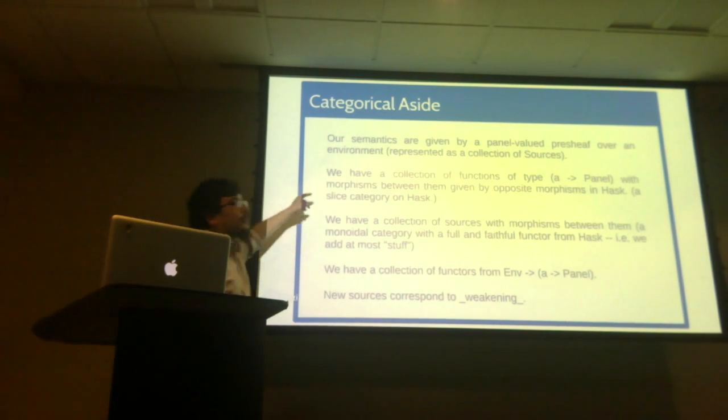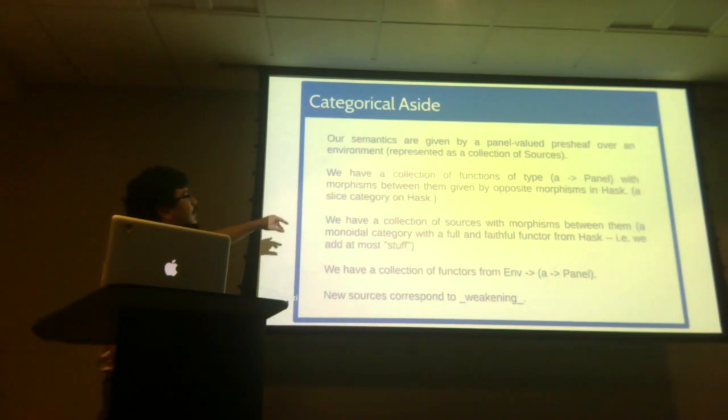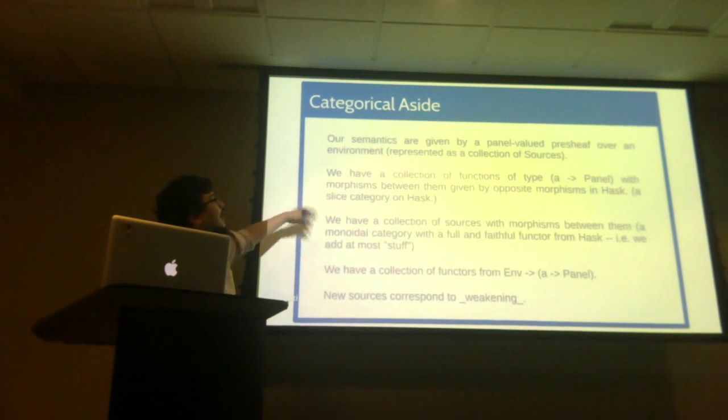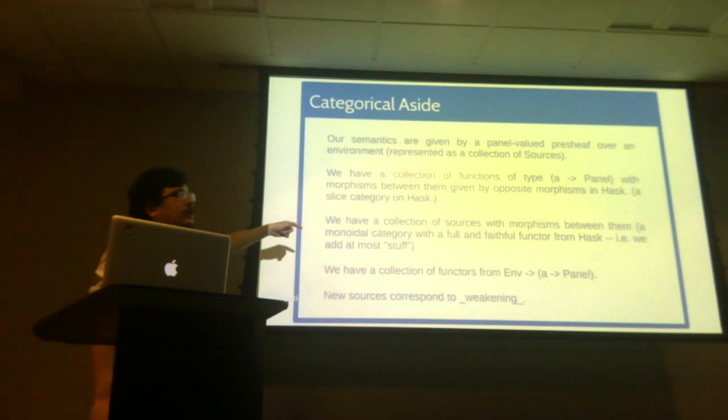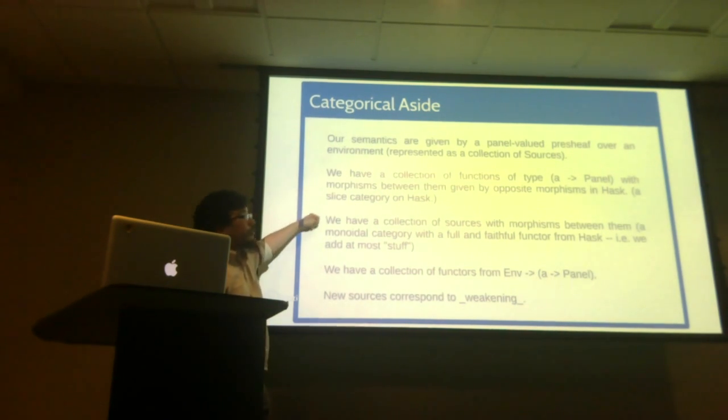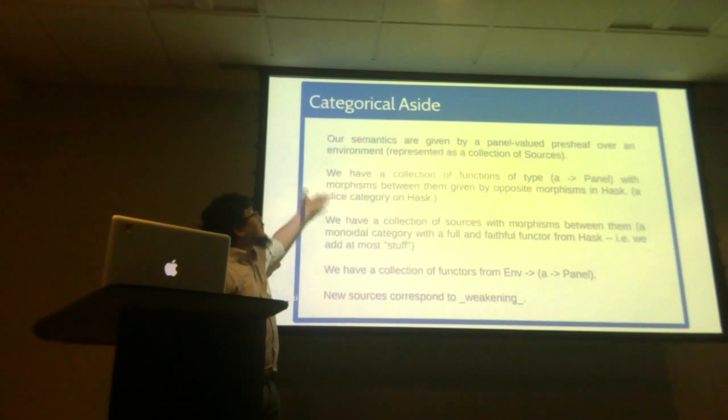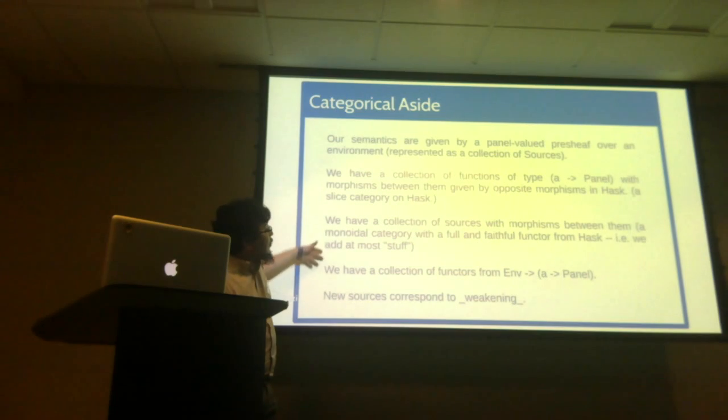This is totally speculative, but basically, right, you have a collection of functions of type A arrow pattern, right? You can think of them as sink functions or something. Morphisms between them, they're contravariant, they're opposite morphisms in Haskell, right? It's a continuation. So you've got sort of a Yoneda slice category story, and that should give you your semantics. So it should be Haskell-valued presheaf, then we have a collection of functors.